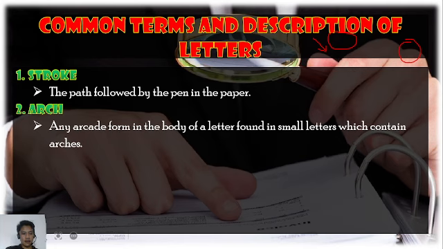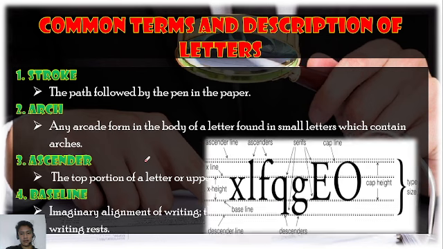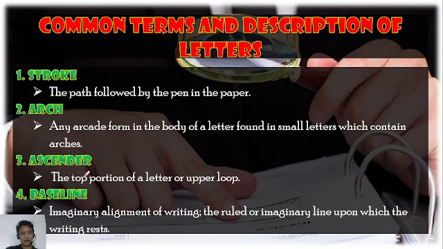And now we have another term, ladies and gentlemen, which is the ascender and baseline. So let us try to have this image. Let me read to you the definition given for ascender. It is said to be the top portion of a letter. Take note that this is the top portion of a letter, or upper loop. So we are referring to the upper loop, or big letters, or long letters.